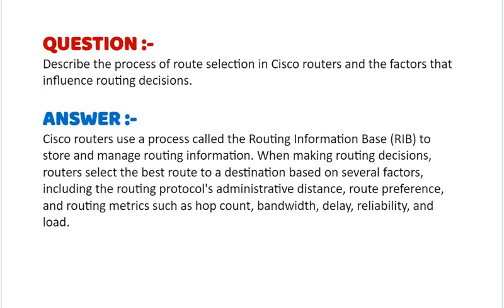When making routing decisions, routers select the best route to a destination based on several factors, including the routing protocol's administrative distance, route preference, and routing metrics such as hop count, bandwidth, delay, reliability, and load.